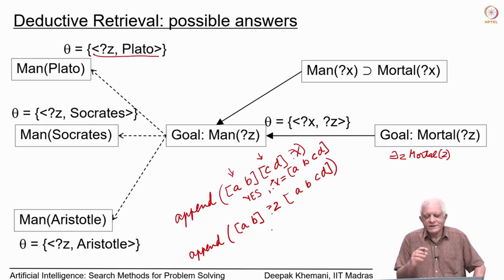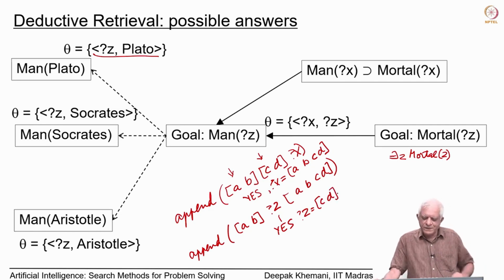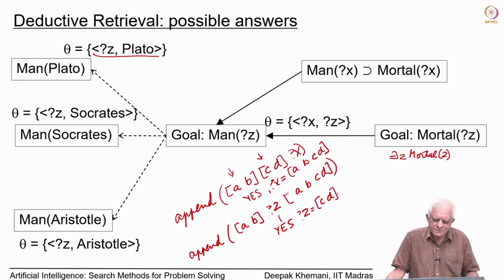As I said, there is search underlying reasoning, and come back with an answer yes, and it will say that yes, Z is equal to a list made up of C and D. Okay. So, there is a lot of power in logical deduction, and that is the foundation of this whole idea of logic programming, that logic and deduction can be used as a programming language.